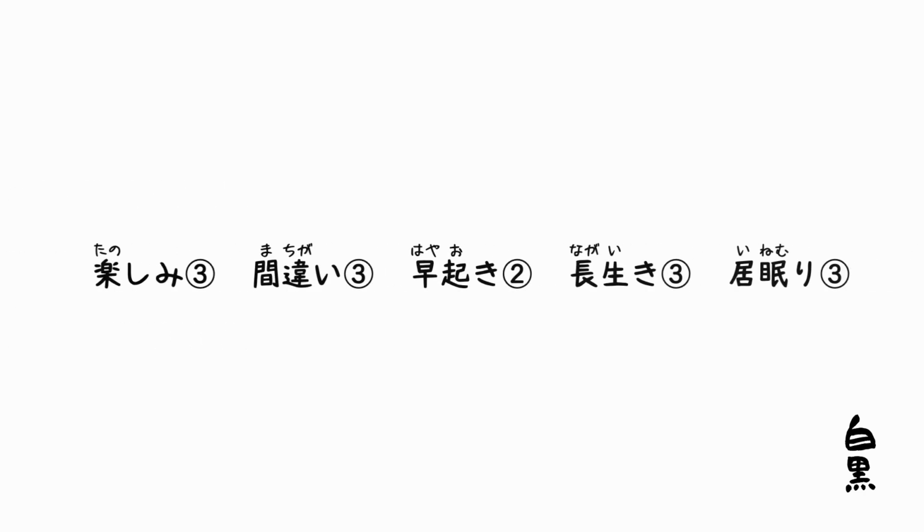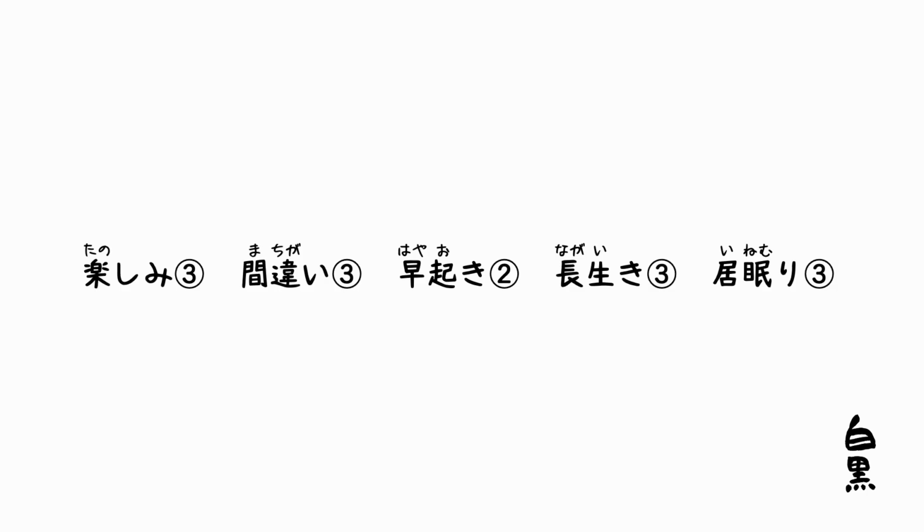Derived words from must stems of verbs or phrasal verbs, like 楽しみ、間違い、早起き、長生き、居眠り.